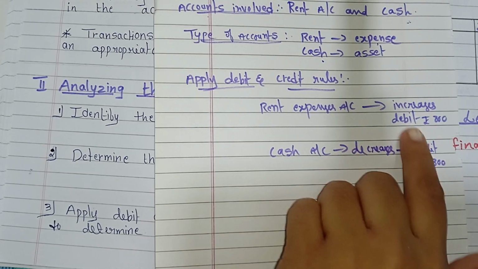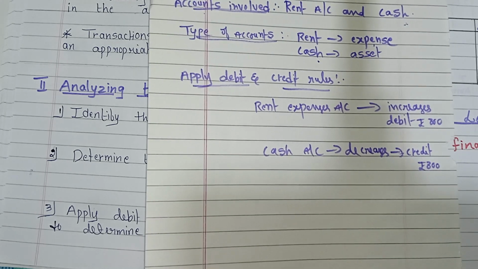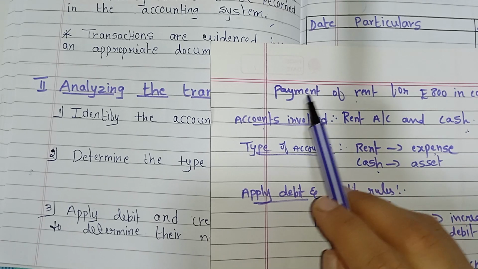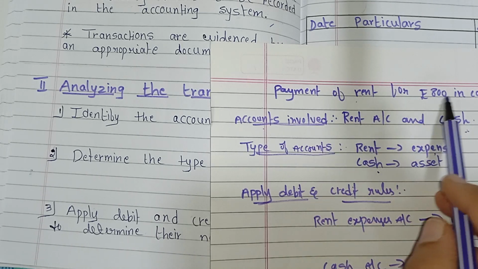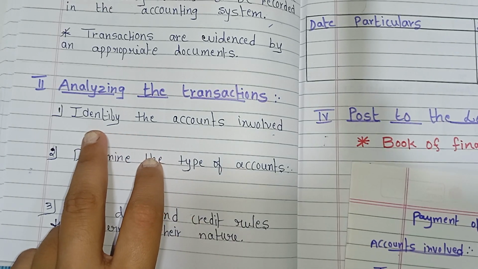Okay, see, the business is paying the rent expense, which increases its expenses, and cash decreases because payment is made in cash. Fine. Again I will explain. The example is payment of rent for rupees 800 in cash. First, what is the step?